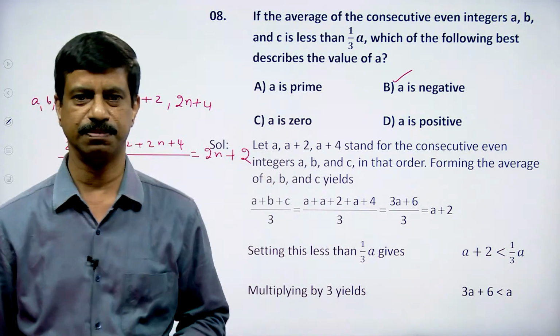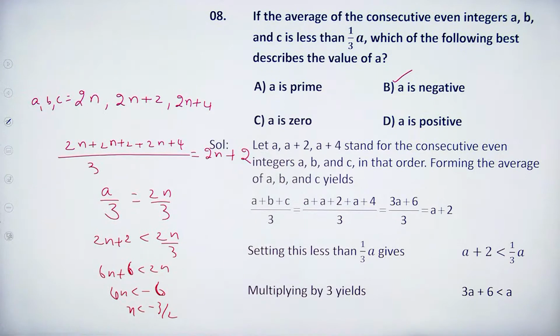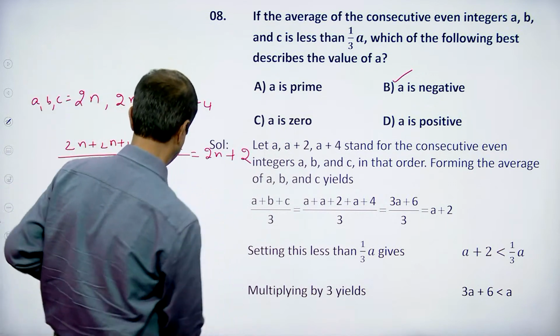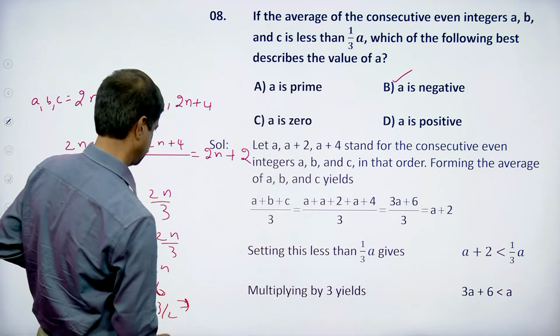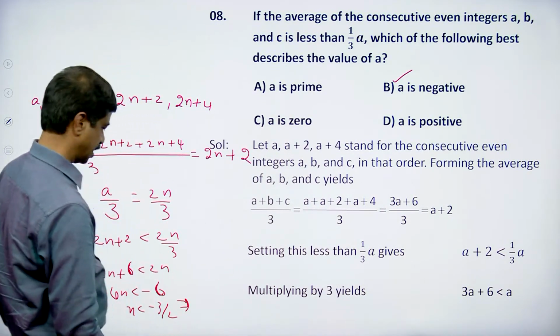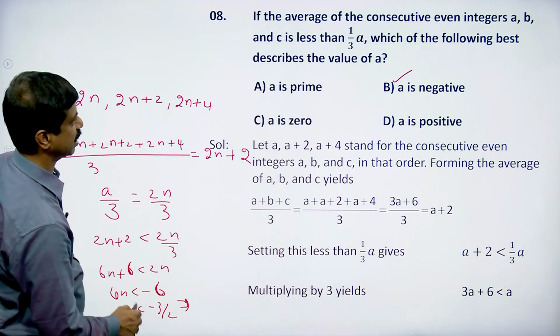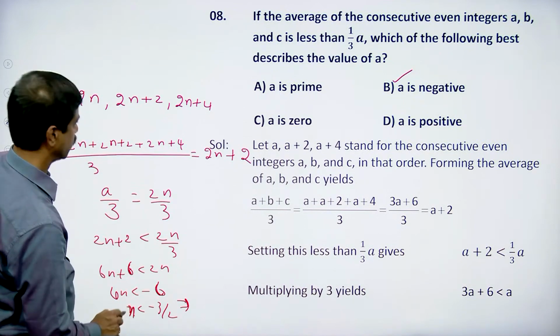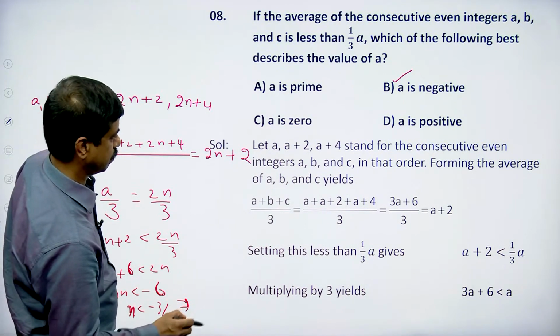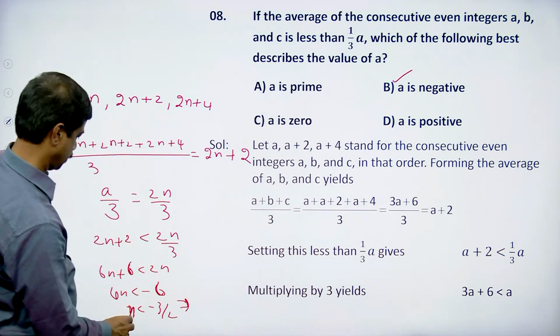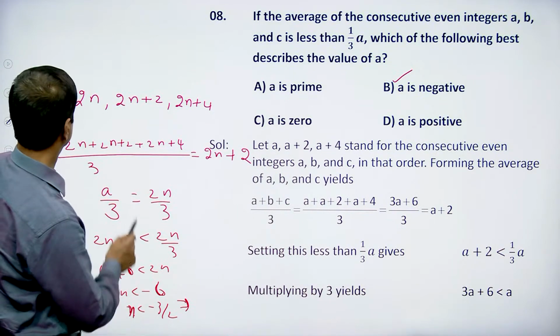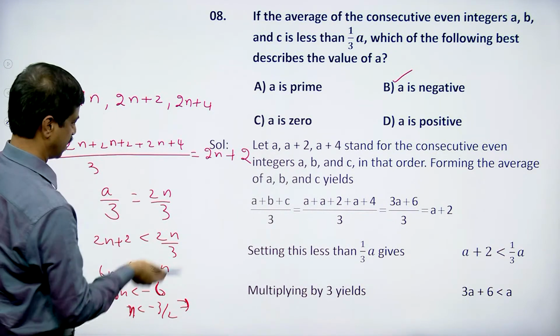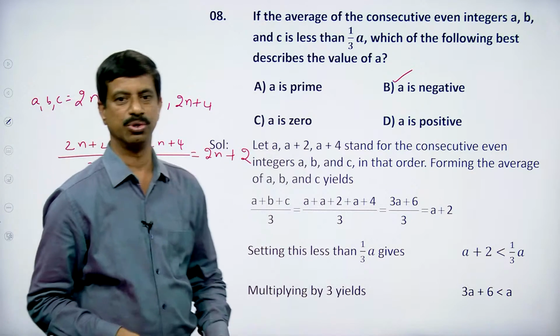Note it children, quick. N is less than minus 3 by 2, sorry. Less than minus 3 by 2 means you can take minus 2, right? So if you take minus 2, 2n is minus 4 anyway, so negative. Please note it fast, quick.